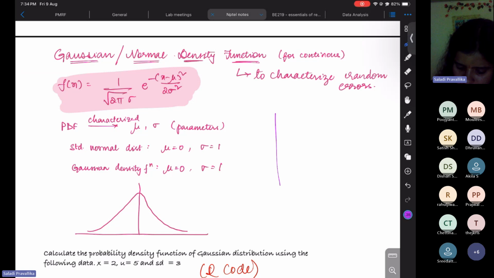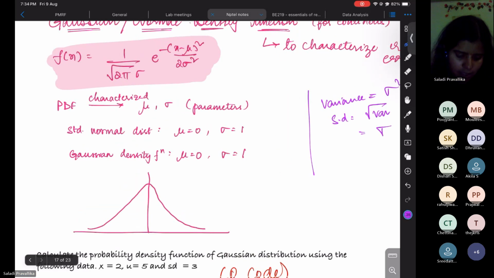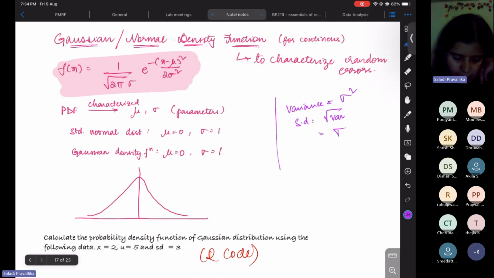So just reminding, variance is equal to sigma square and standard deviation is the root of variance. So that is equal to sigma. And it is characterized by these two parameters, that is the mean and the standard deviation.